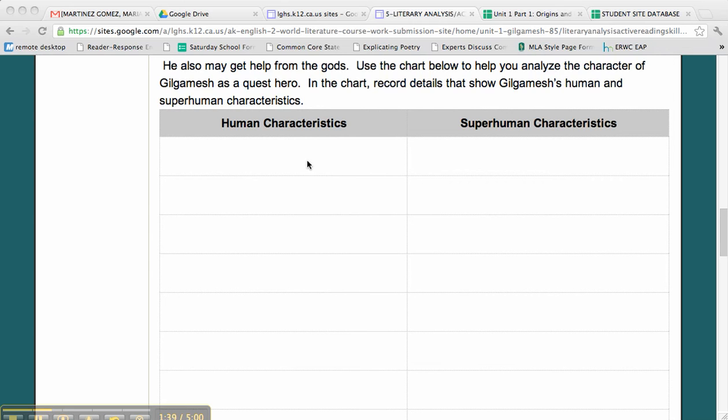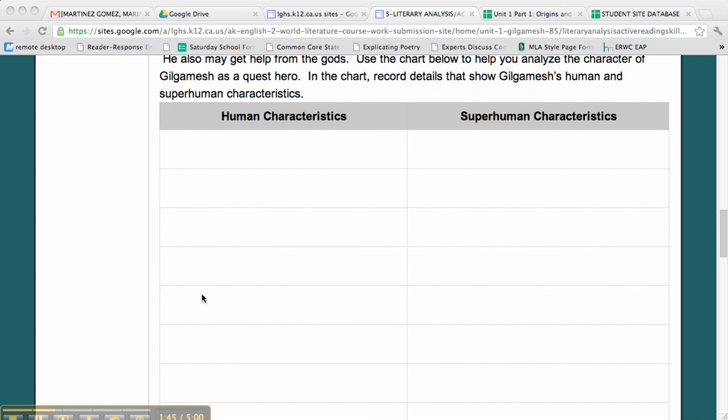So, like I said, in the left-hand column, all you do in these boxes, 1, 2, 3, 4, 5, all the way down, is list his human characteristics, or things about his personality or his physicality that show that he is actually human. Now, over here in the right-hand column, you put all the traits or qualities that express his superhuman side, the part that's 2/3 God.